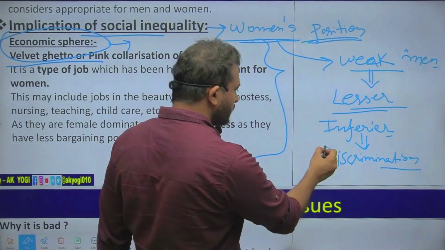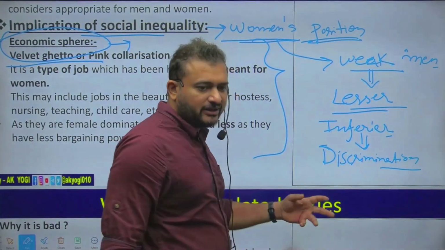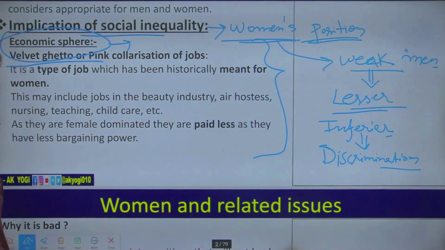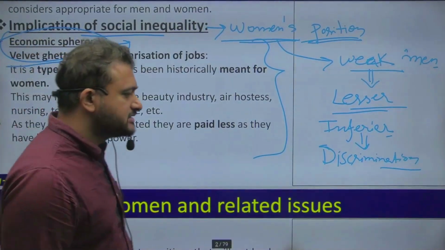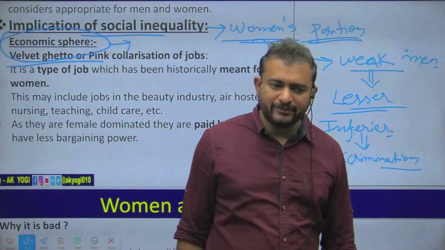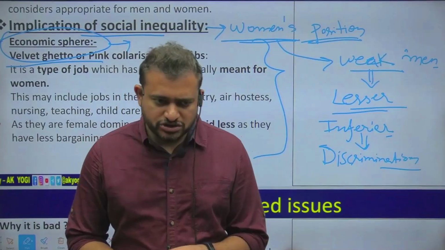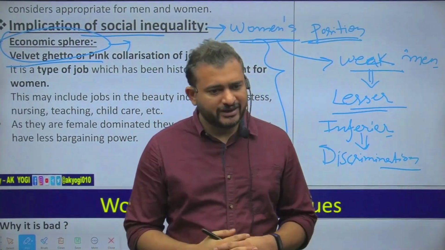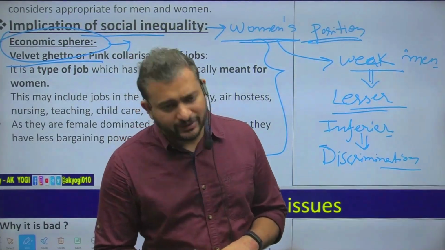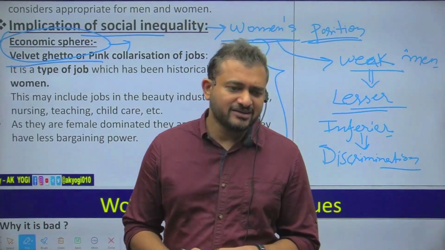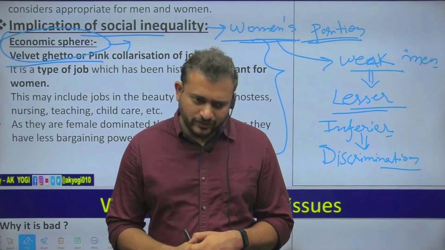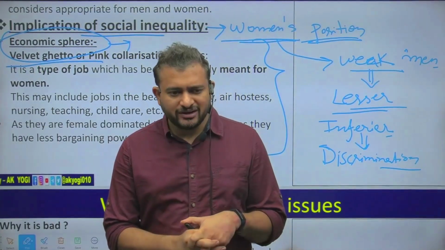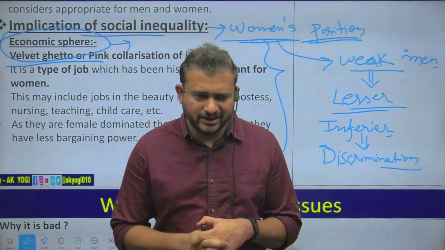Okay, there are some phenomena which define particular types of discrimination, like velvet ghetto or pink polarization of jobs. You may have heard or seen that females get associated with certain kinds of jobs only. Male can do whatever he wants, but when it comes to female, there are some specific areas in which female can do work. Apart from that, female also prefer to do particular work. Why do they prefer certain types of work and not others?